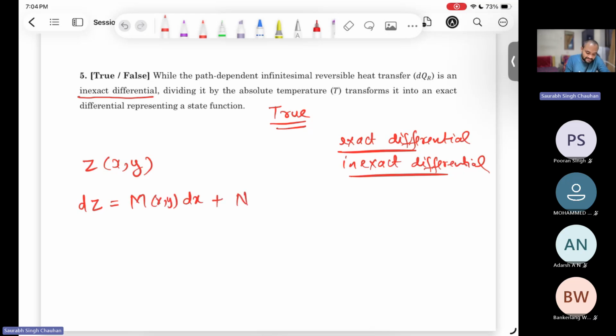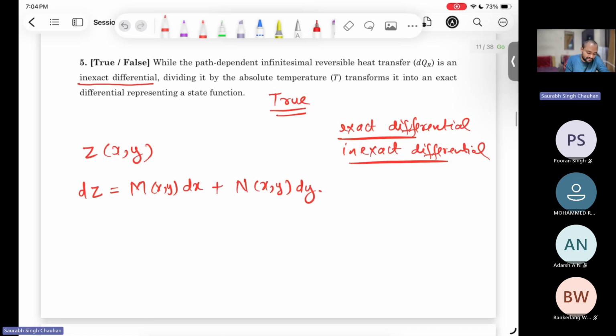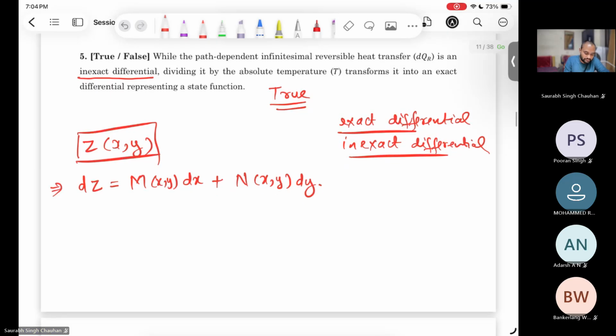So if this differential is exact, then what will be the condition? How will we check whether this z has an exact differential or not? z is a certain quantity that depends on x and y, and dz is the differential of z.